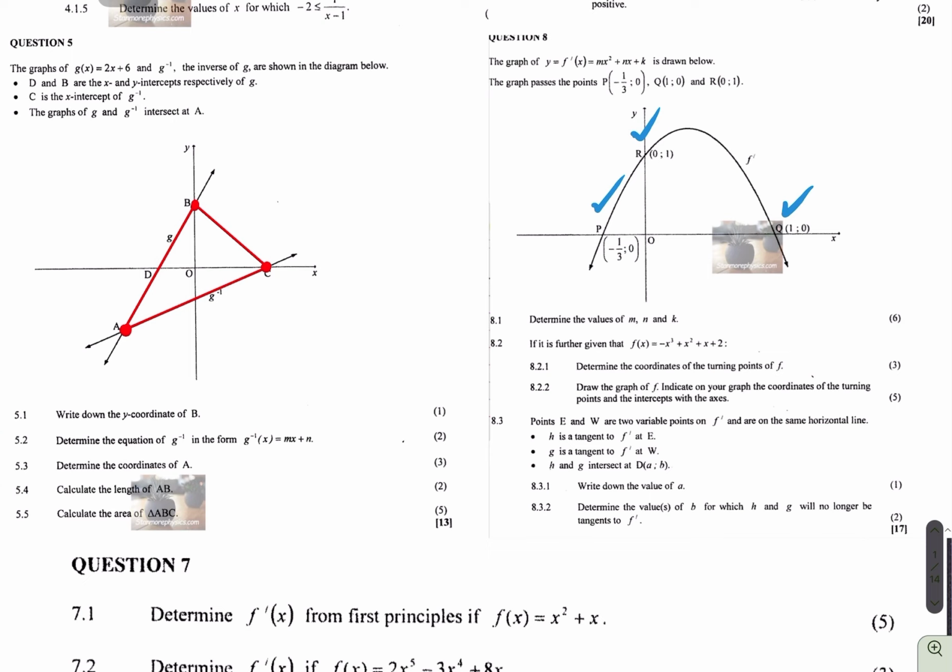Okay, let me delete this one. Determine the coordinates of the turning point. So remember that this is a cubic graph.